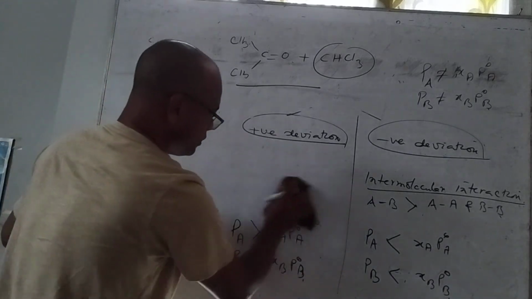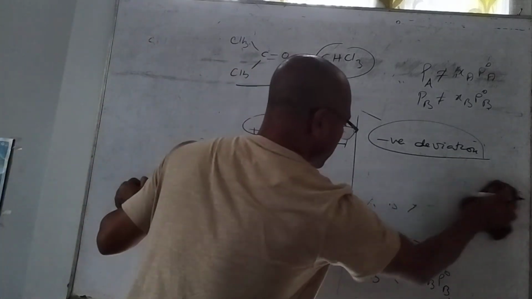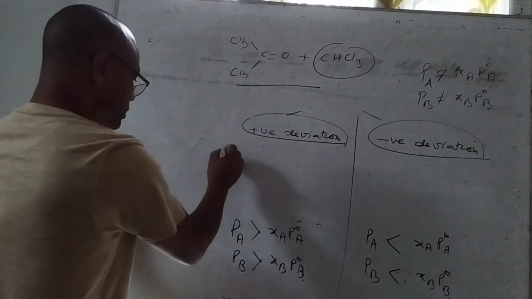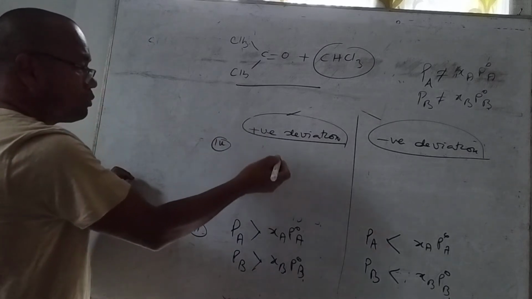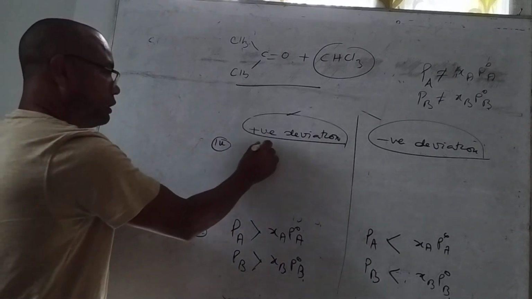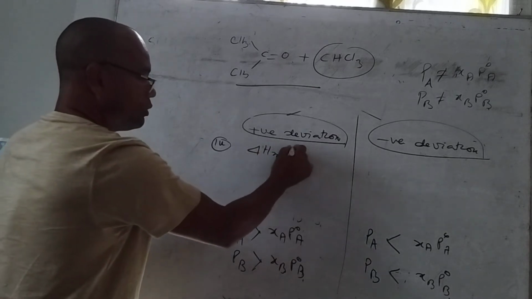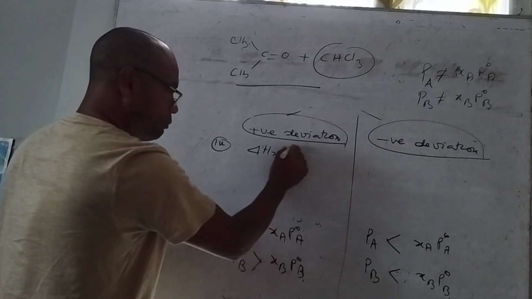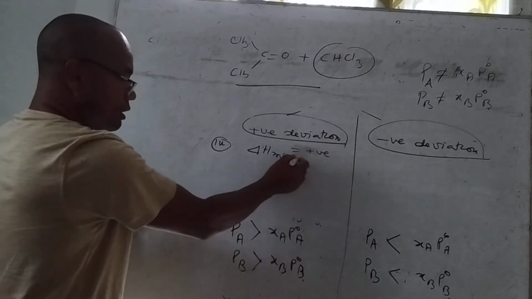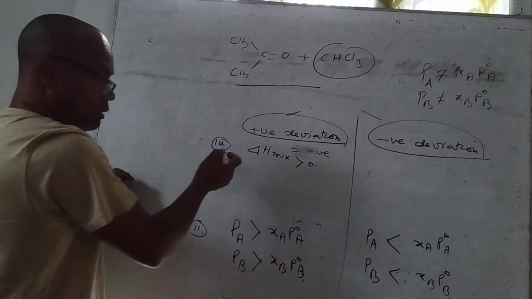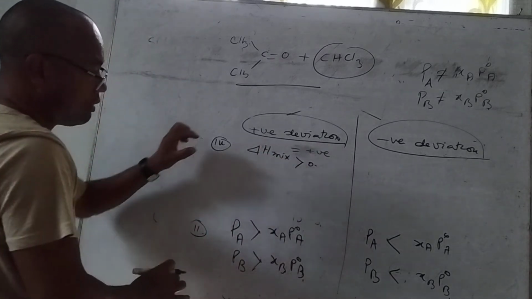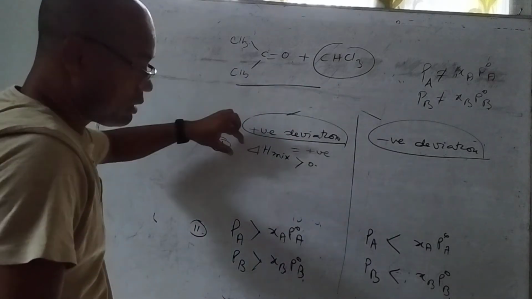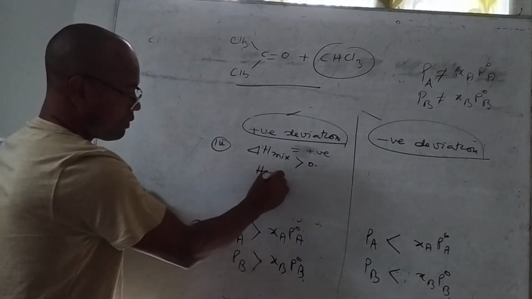Then number 3. Yes, I think it's very easy to understand. As we know thermodynamically, we write delta mixing not equal to 0. For positive deviation, it should be a positive value, greater than 0. That means the change in enthalpy is positive, which means heat absorption.